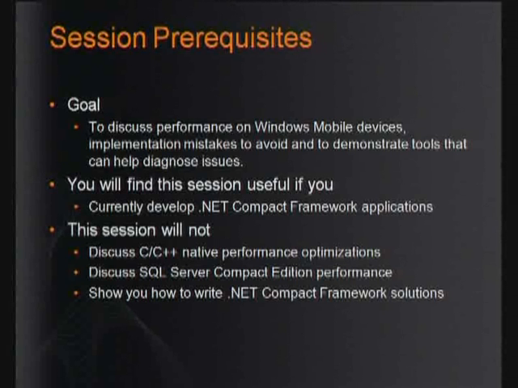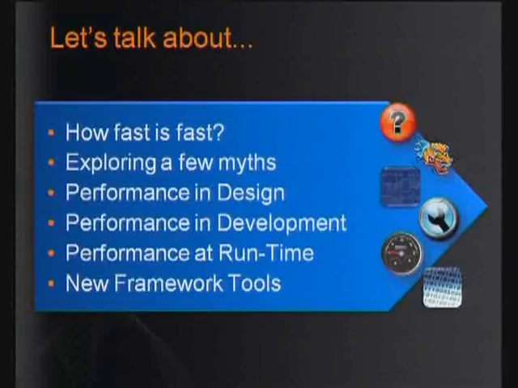So let's get started. So today, what we're going to go through is talk about performance in general, in terms of the business requirements for performance. We'll then look at a few preconceptions about performance on the .NET Compact framework, and hopefully we'll dispel those. We'll then look at performance at various stages of application development.